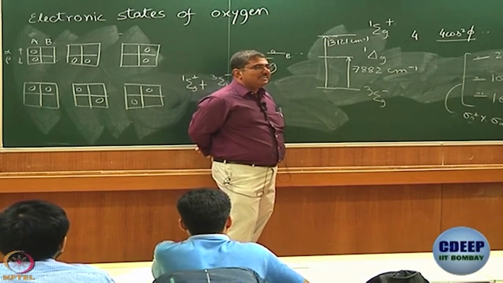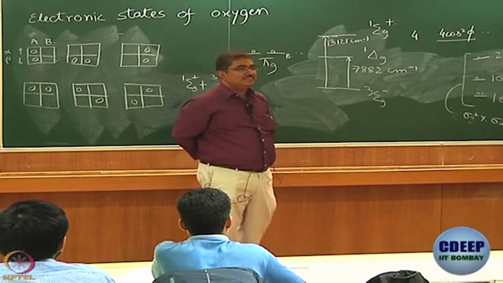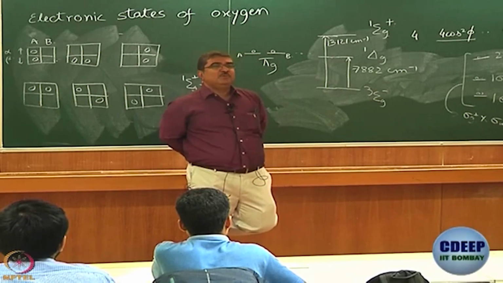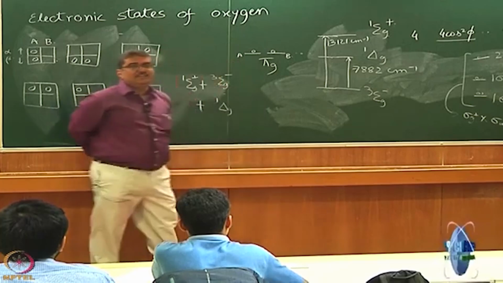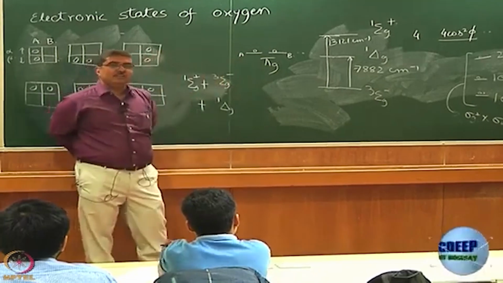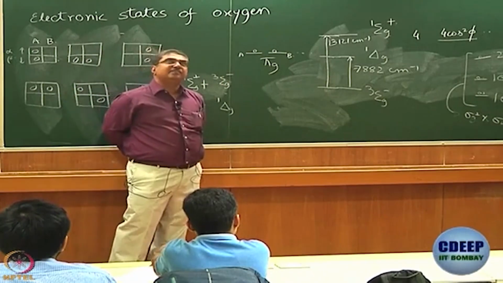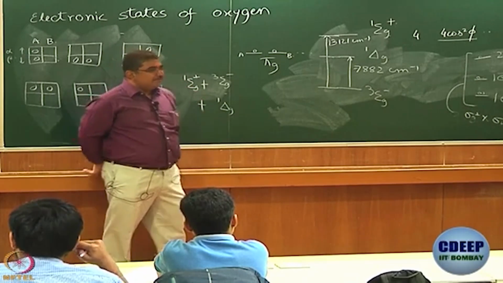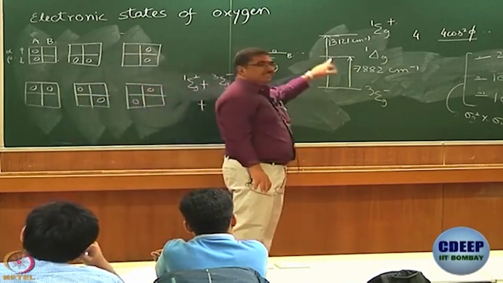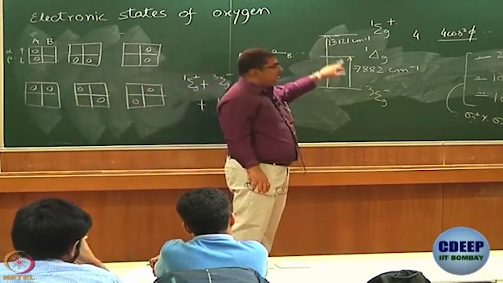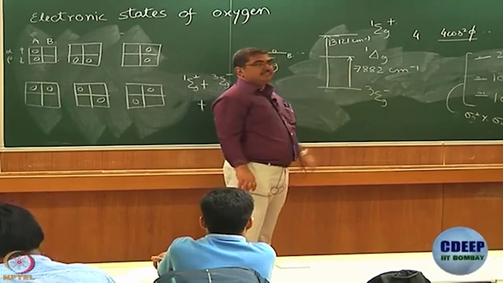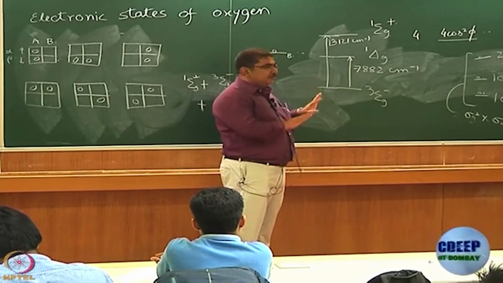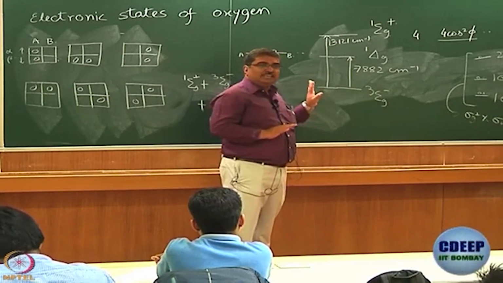What would it be? 7882 centimeter inverse. 13121 is I think something like 572 nanometer or 672 nanometer, forgotten. Visible red. So, this is red, 13121 centimeter inverse. This one is near infrared, 7882, right. So, you kind of get the idea of what kind of energy gaps are there.